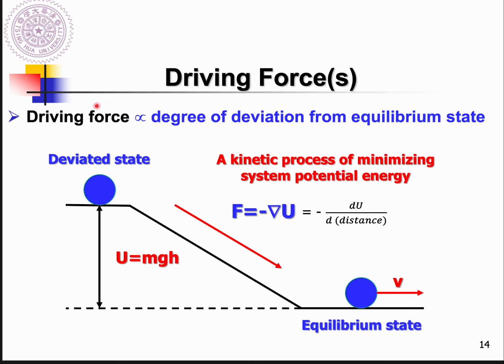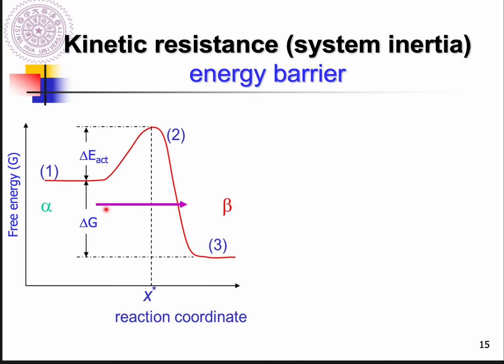The state with the higher platform has a higher degree of deviation from equilibrium compared to this one, because it has a higher potential energy, right?